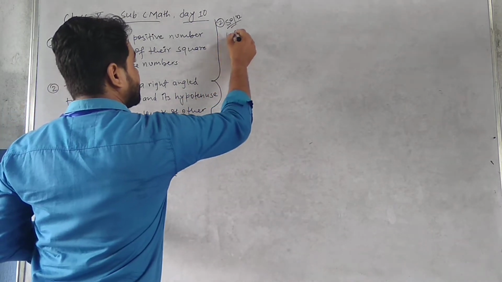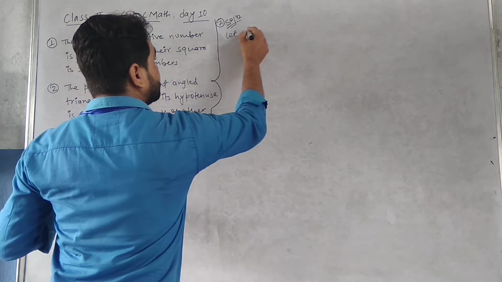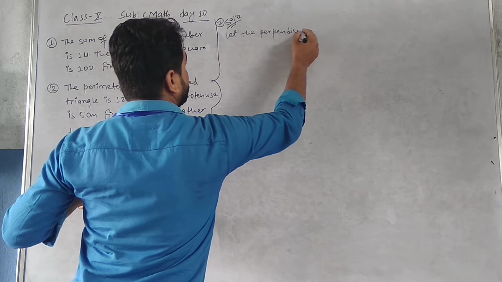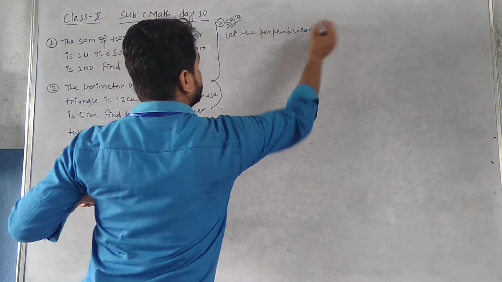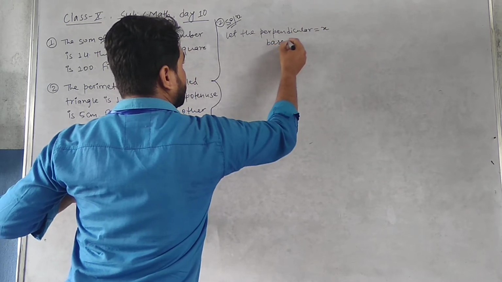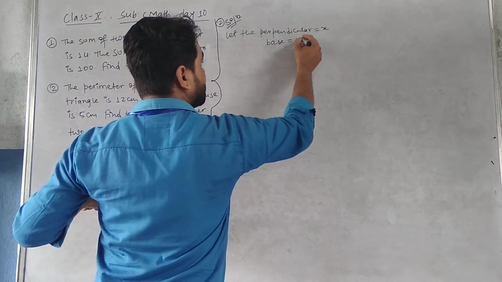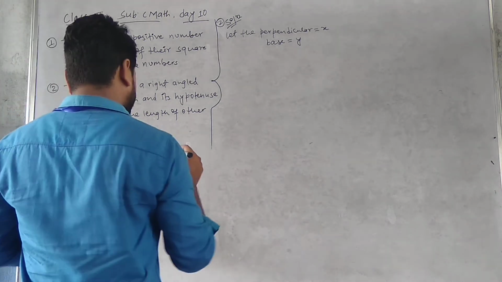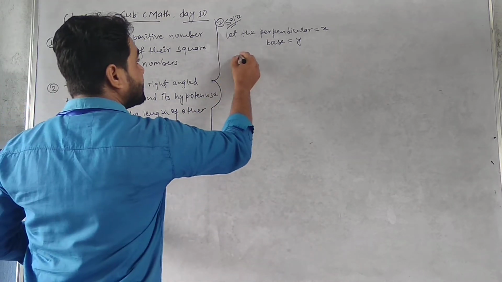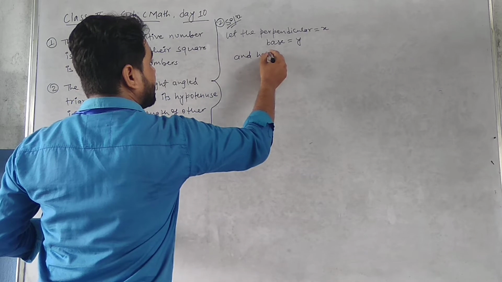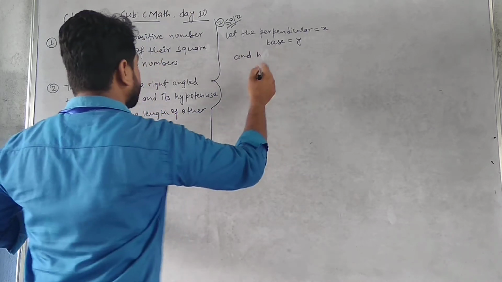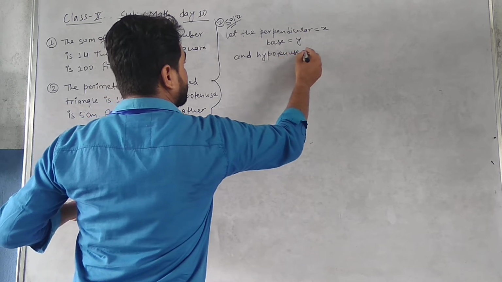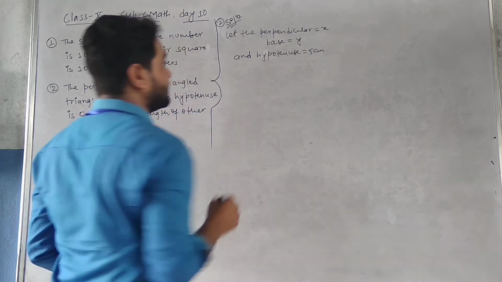Let the perpendicular equal x, base equal y, and the hypotenuse equals 5 centimeter, as given there.